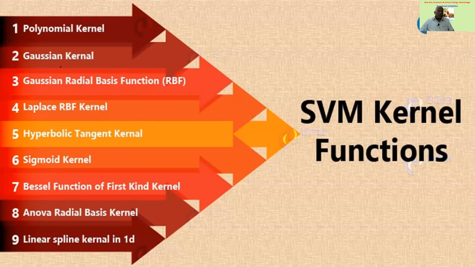I have defined the Gaussian kernel. Then there are the Gaussian radial basis function, Laplace radial basis function, hyperbolic tangent kernel, sigmoid kernel, Bessel function of the first kind kernel, ANOVA radial Bessel kernel, linear spline kernel. So hundreds of kernels are there. I have just listed a few.